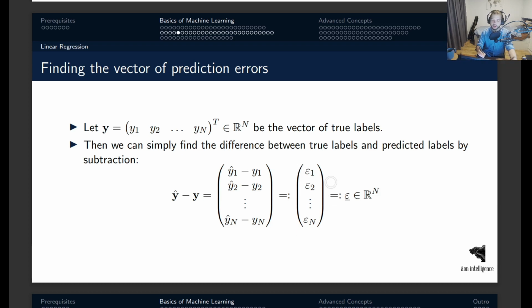We want to stack all these epsilons into a vector, which we will call epsilon underscore, and of course, this will also need to be of dimensionality n. How do we arrive at this object? Epsilon is defined as the deviation between our prediction and the true label. If we do this for each observation, you will see that this is just the prediction vector minus the true label vector. And this will be our error vector epsilon underscore.